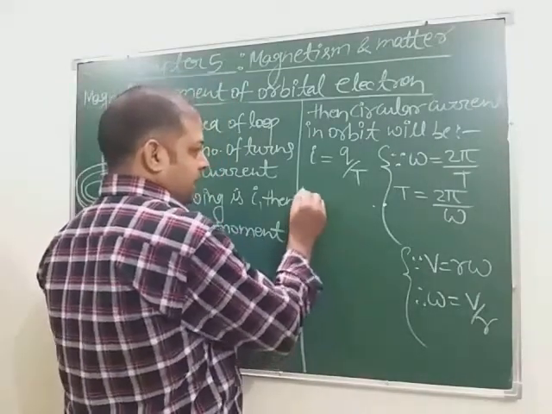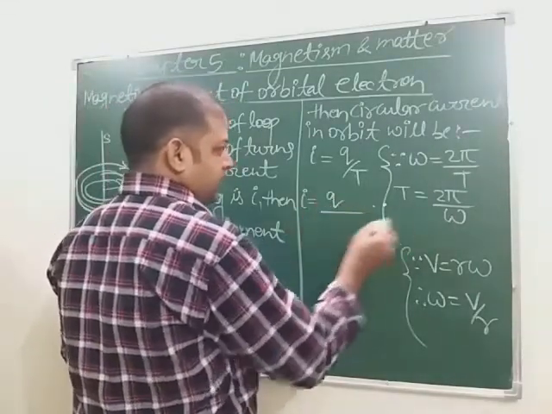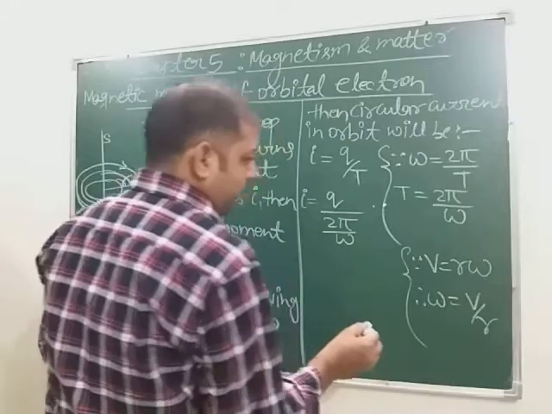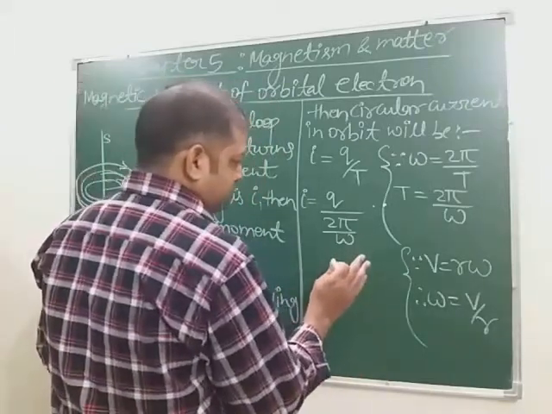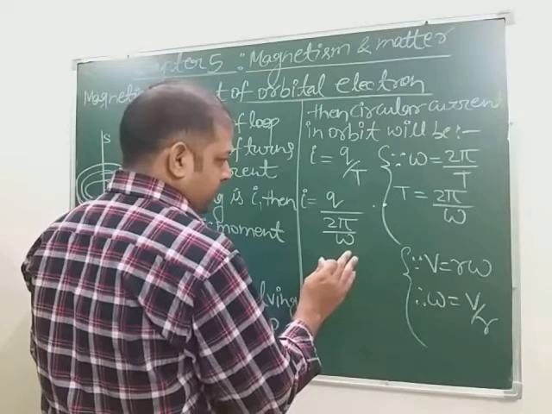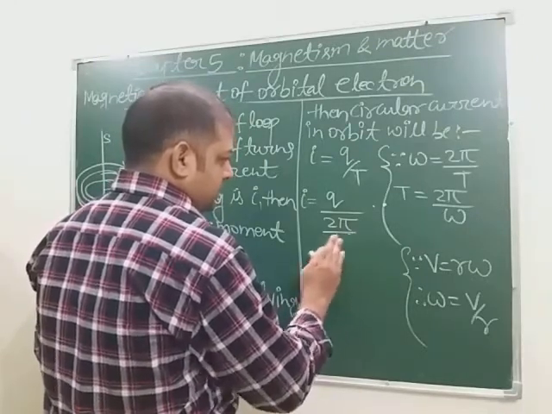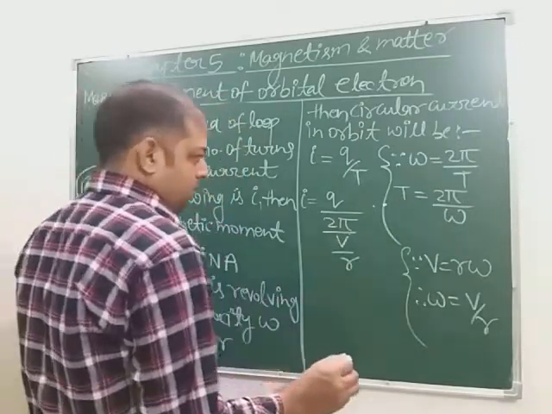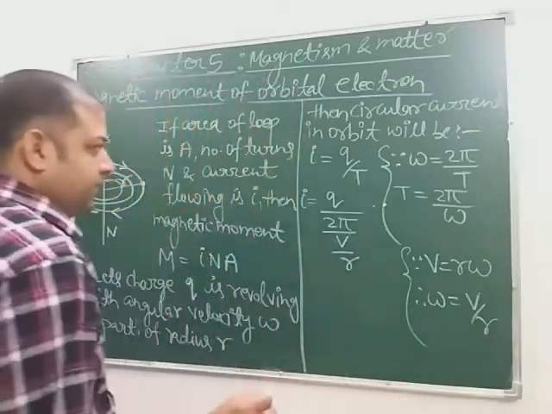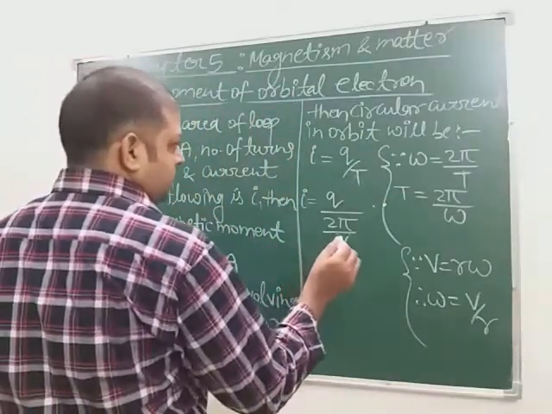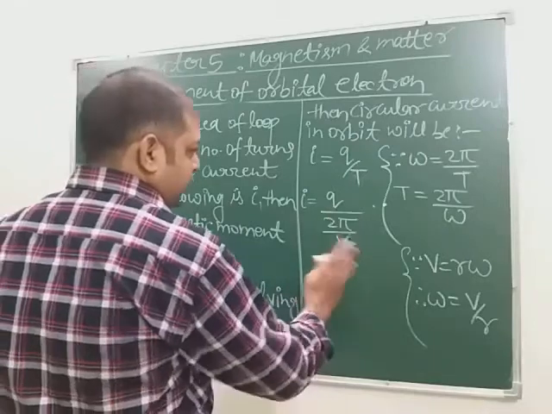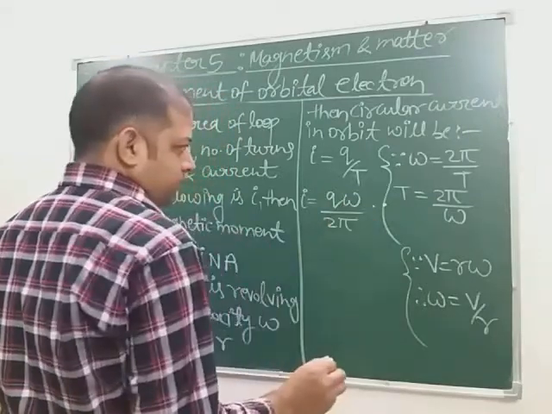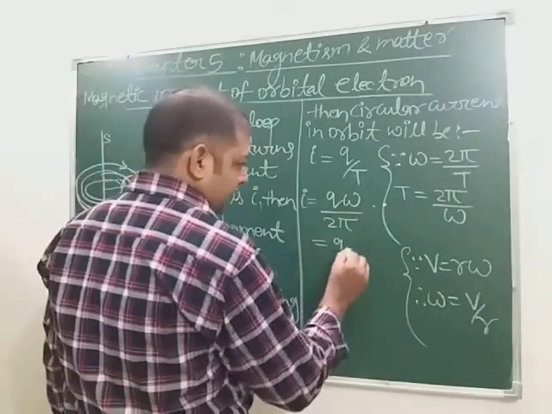So we can write I is equal to q upon T. In place of T we can write 2 pi upon omega, and in place of omega we can write v upon r.